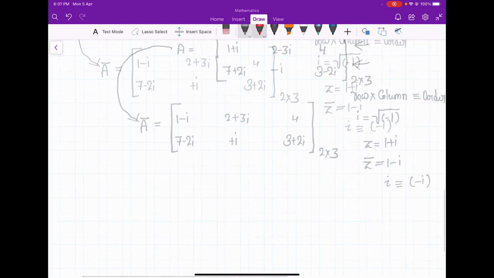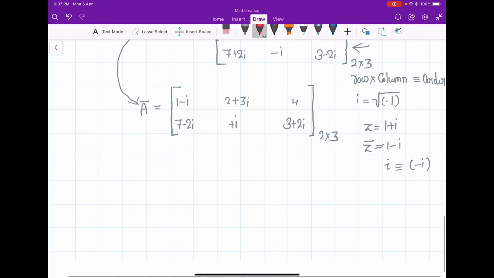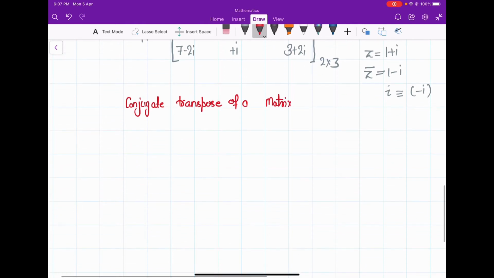Now the next example is the conjugate transpose of a matrix. This is denoted by A to the power theta.